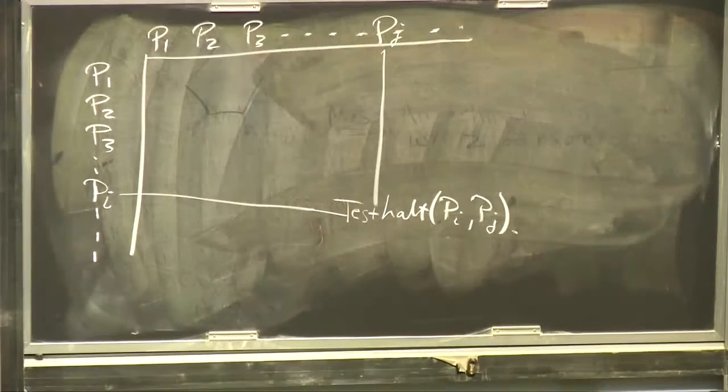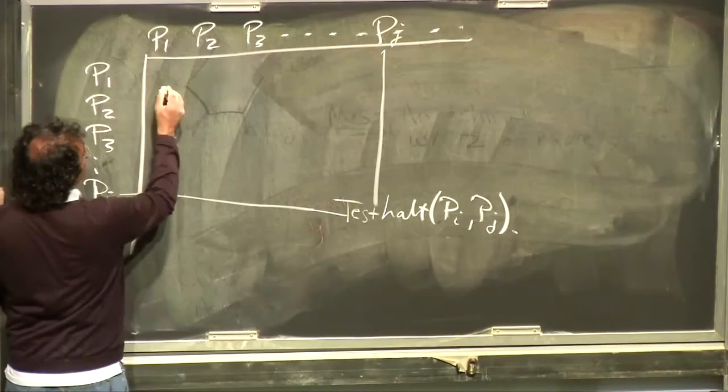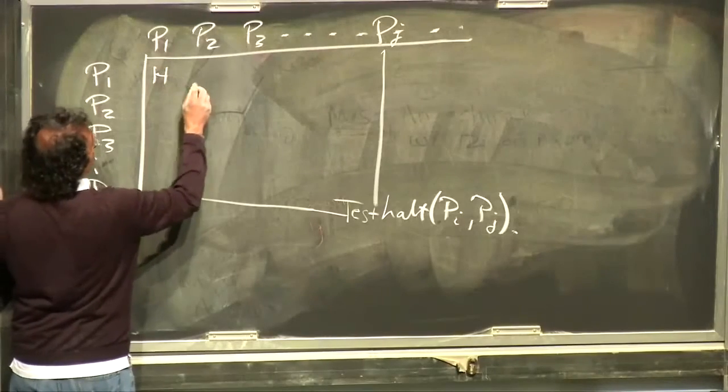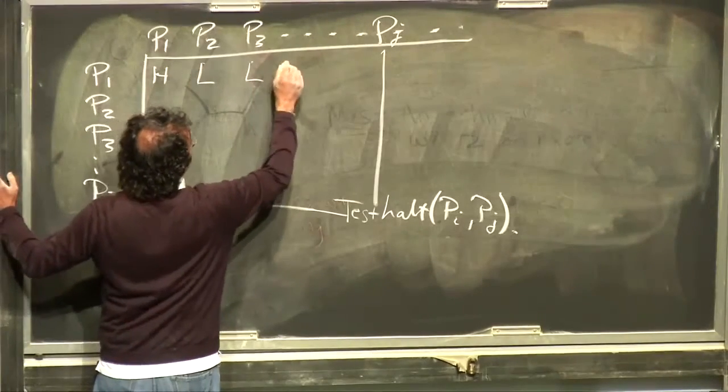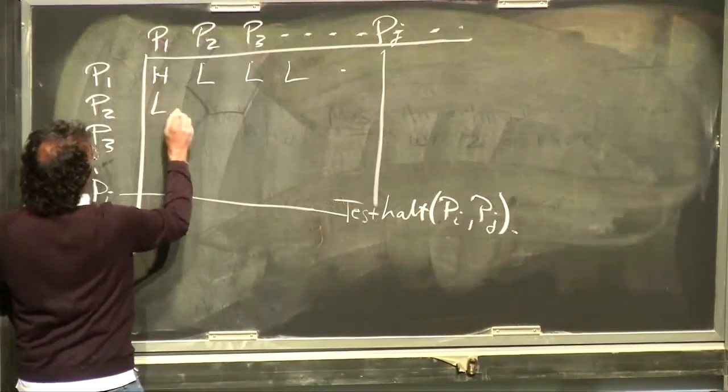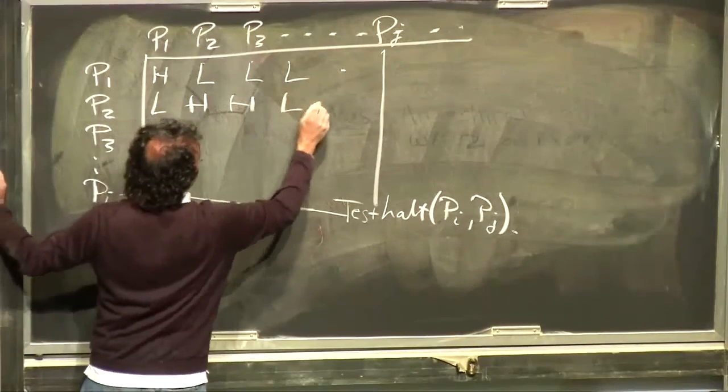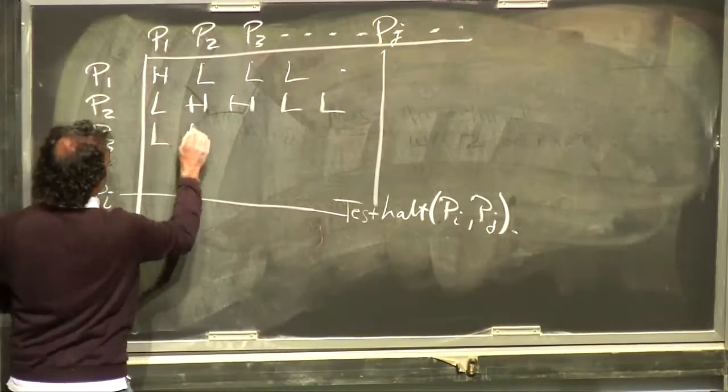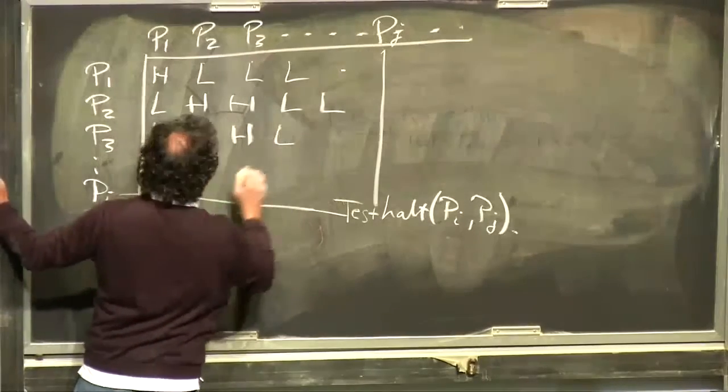And now, what did we do when we created Turing? So we had some entries: this was halt, this was loop, this was loop, halt, loop, halt, loop.